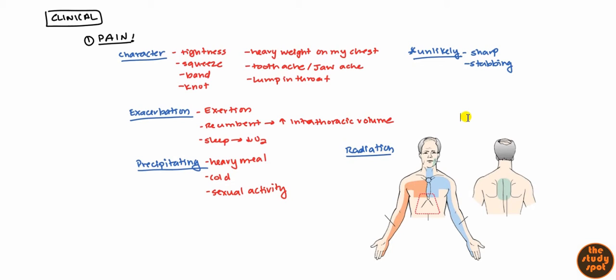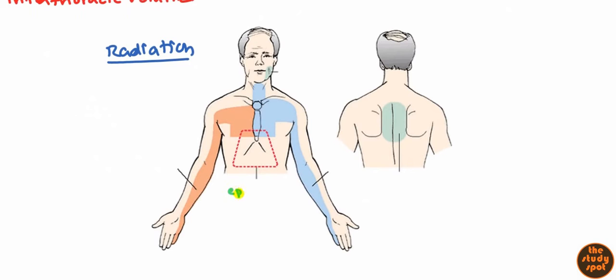MI, or just coronary artery disease, they do radiate. So these radiating factors, the primary area where you would see it is in the epigastrium. And so this is important because there could be GIT diseases or conditions that also become part of the differential.